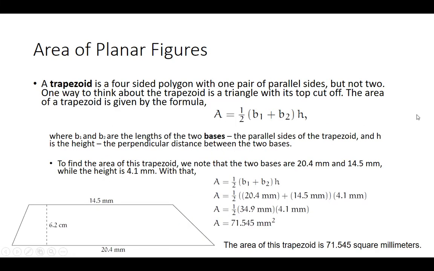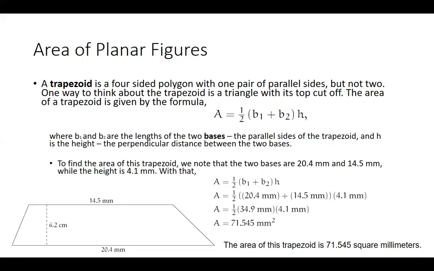A trapezoid is a four-sided polygon with one pair of parallel sides, but not two. One way to think about a trapezoid is a triangle with its top cut off.